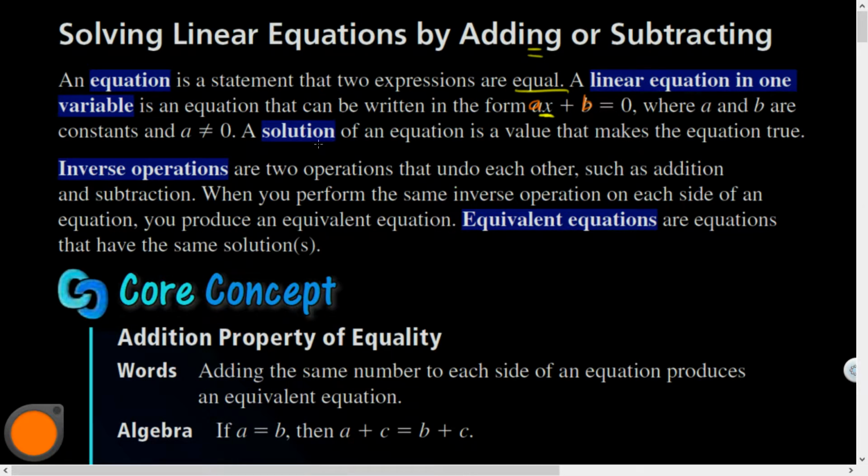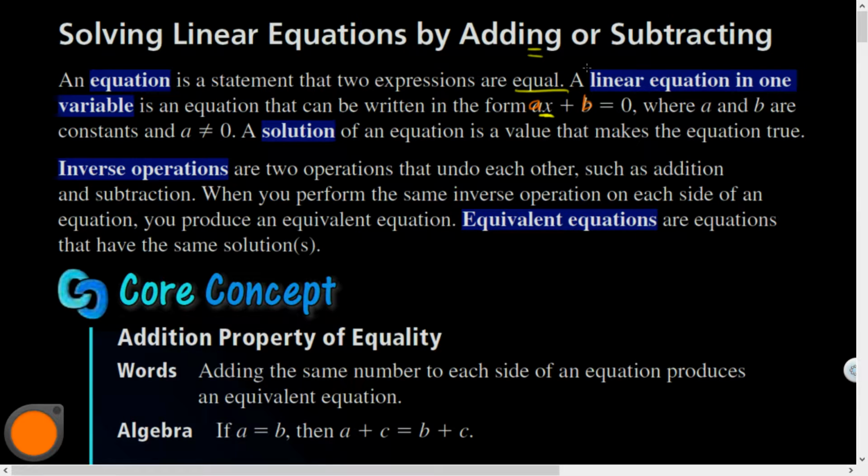And it says a solution of an equation. All right, so lots of stuff. So I'll have an equation, right? Linear equations are of the form ax plus b equals 0. And a solution is any number, any value that makes that equation true. So I'll find out whatever x equals that would make this equation true is what we're going to deal with.